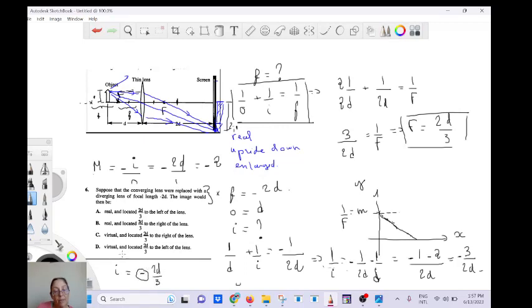Negative means that the image is located on the left of the lens, right? So it's going to be virtual and located to the left of the lens here. And in that case it is 2d over 3.